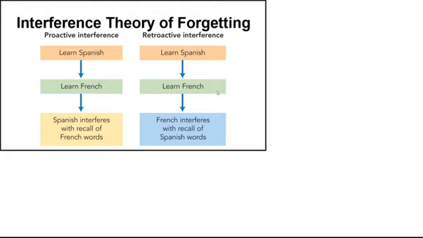And we can have sort of both of these. There isn't a guarantee that one or the other is going to happen. We can kind of have a little bit of both. And there is a lot more evidence for this theory than for the decay theory. But again, we don't have a concrete reasoning as to why it happens.